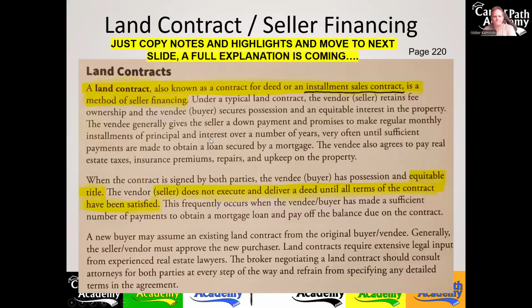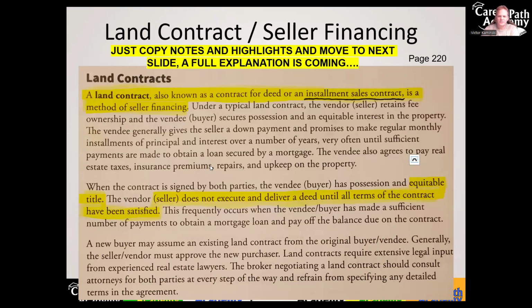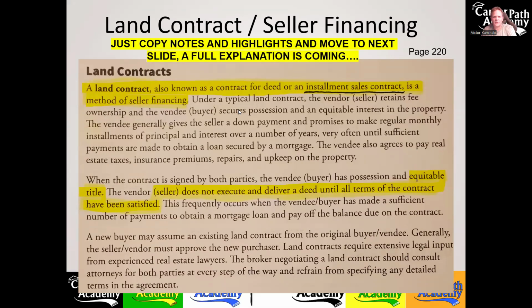Okay, everybody got that? So land contracts, let's highlight this about land contracts. This is something new. We did not previously have this. Just do the highlights. The next slide will explain them better.